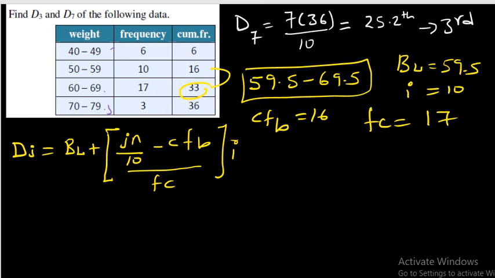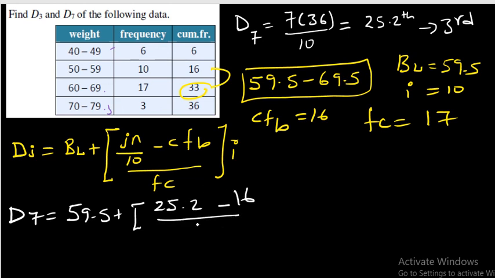Now let us insert everything in the formula. D7 will be 59.5 plus, in big bracket, jn over 10, which we got already, 25.2 minus 16, the whole over 17, then multiplied by 10. When you calculate this, you need to take care.